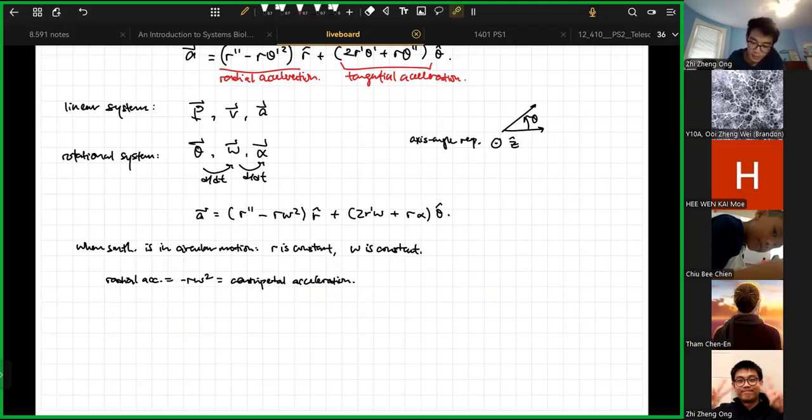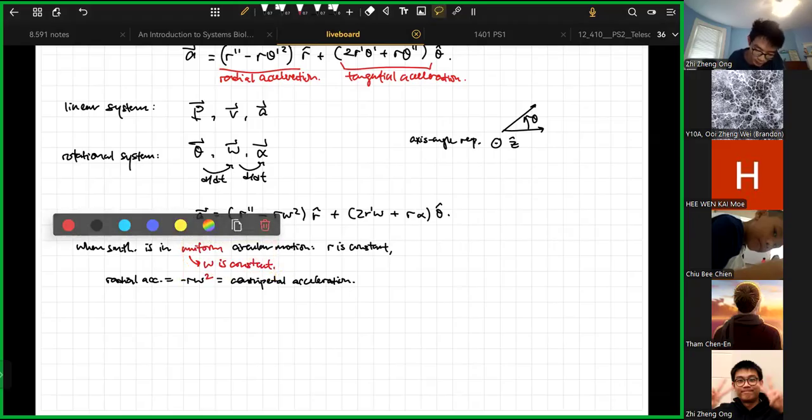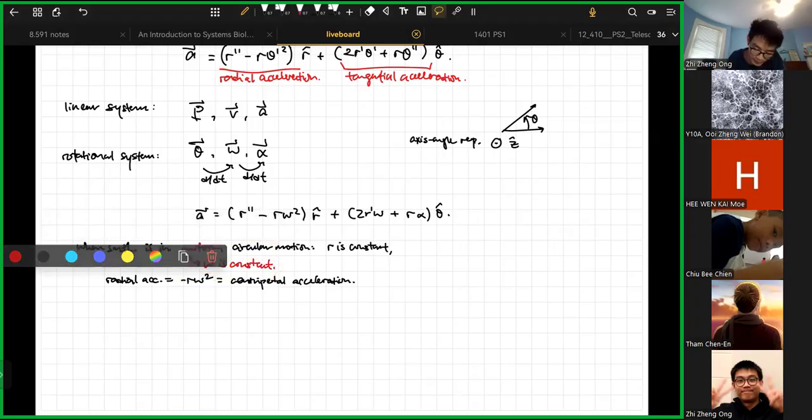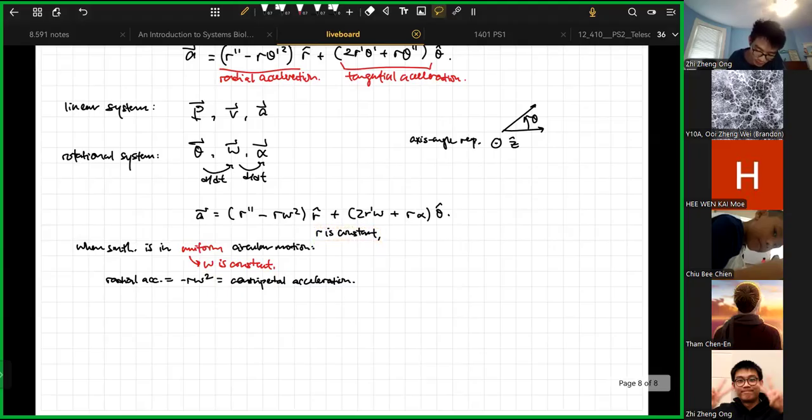If something moves uniformly in a circular motion, uniform means that omega is constant, and circular means r is constant.